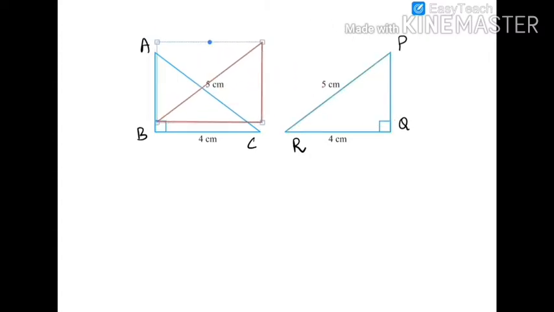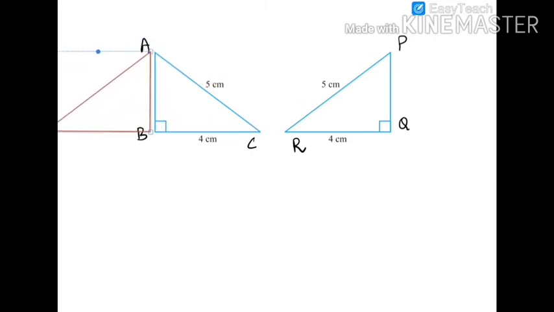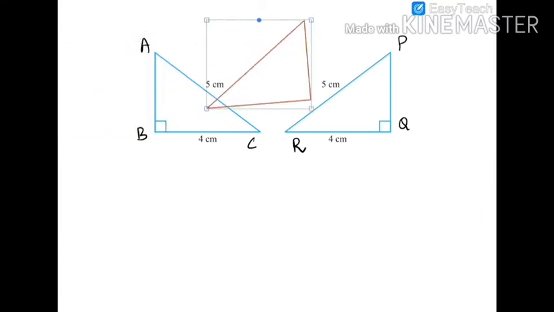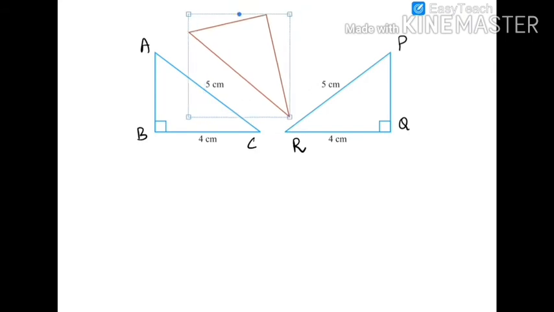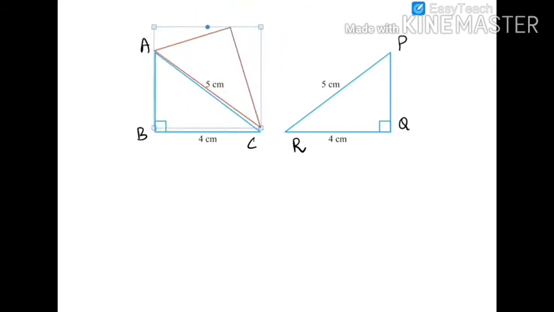So RQ is equal to BC, PQ is equal to AB, and PR, that is hypotenuse, is equal to AC.